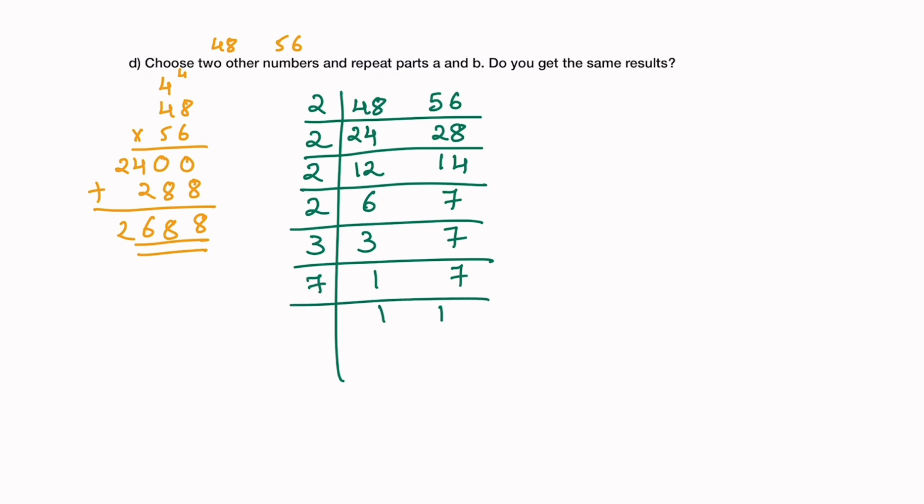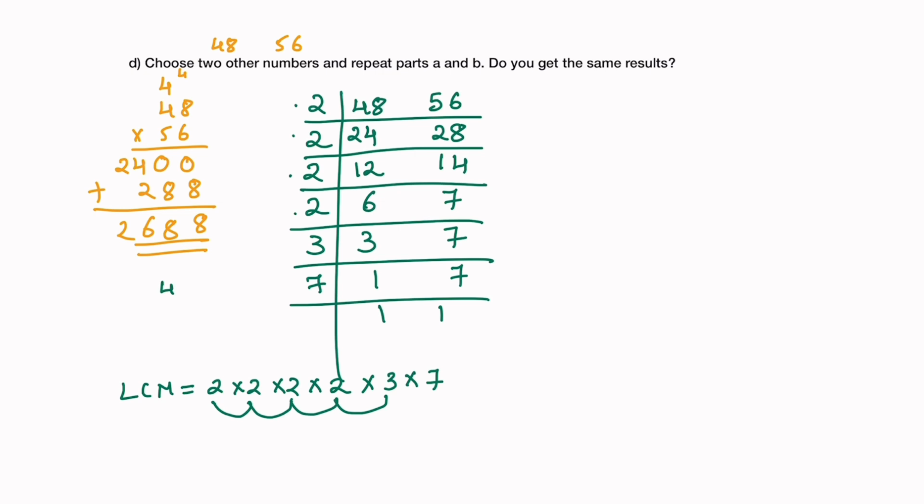So the LCM of these numbers is 2 times 2 times 2 times 2 times 3 times 7. So 2 times 2 is 4, 4 times 2 is 8, 8 times 2 is 16, 16 times 3 is 48, and 48 times 7.